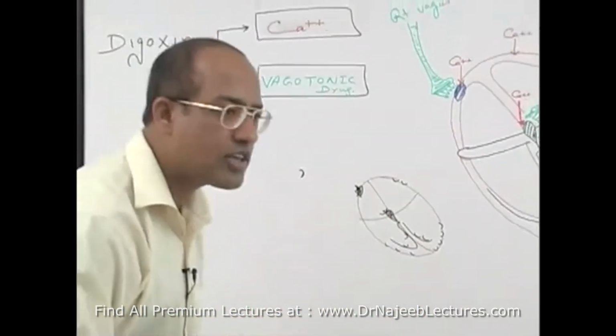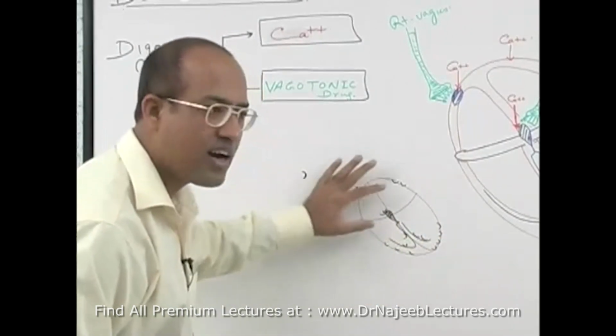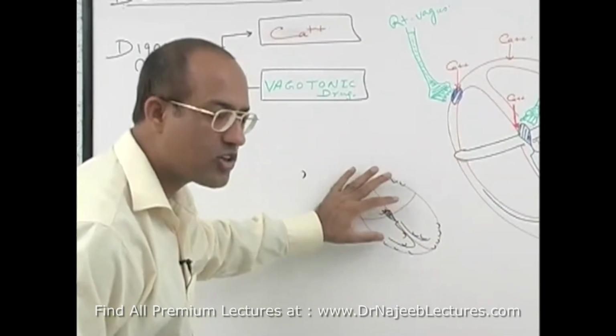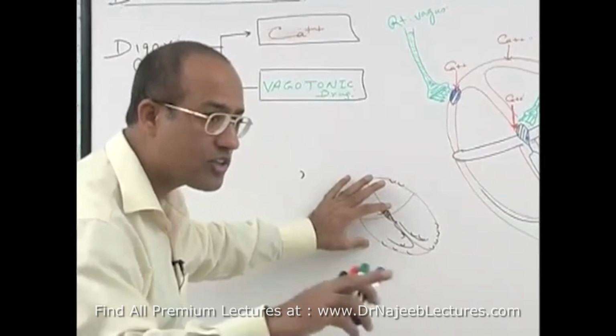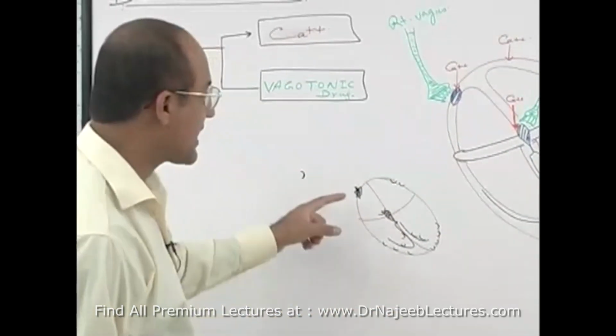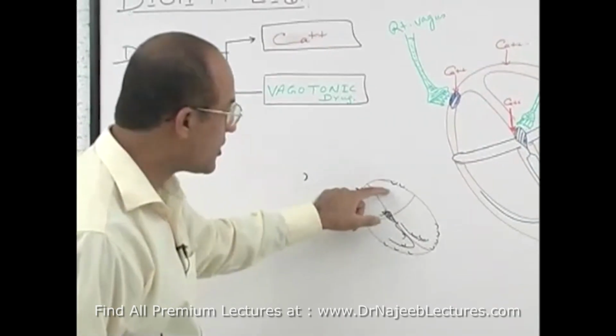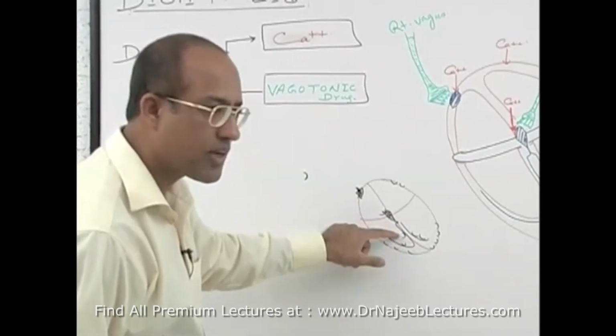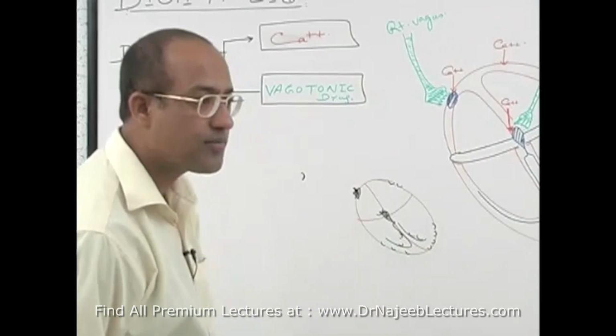Actually, adrenergic receptors are present all over the heart. The concept I am trying to make is that adrenergic receptors are present all over the heart. So catecholamines have action on the whole heart: SA node action, atrial action, AV node action, Purkinje system action, and ventricular action.